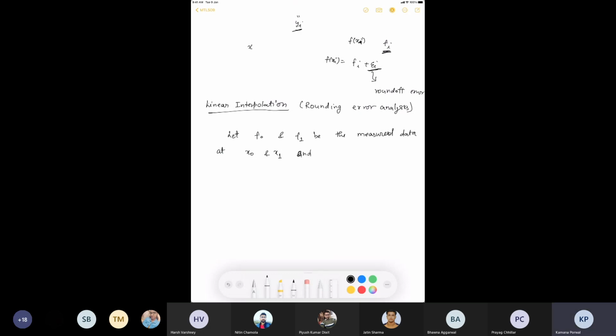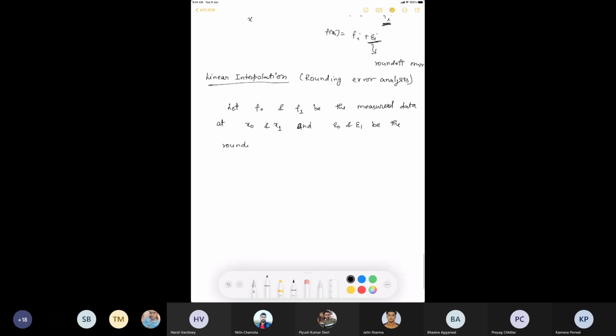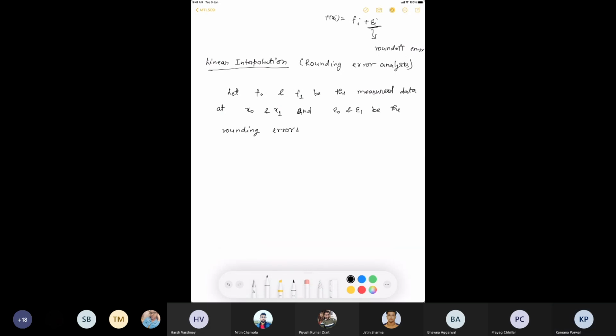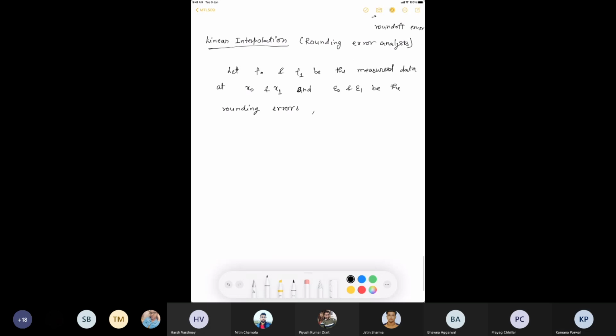And let's take epsilon 0 and epsilon 1 to be the rounding errors. And we assume that the mod of epsilon 0 and mod of epsilon 1 are both less than or equal to some epsilon, for a known value of epsilon. That is, I'm just taking the upper bound of both the numbers, epsilon 0 and epsilon 1.